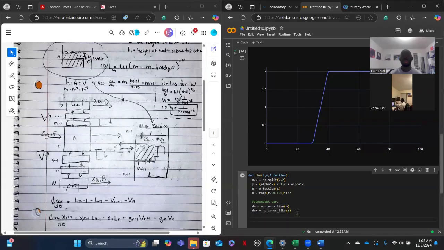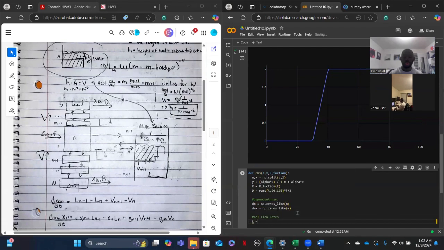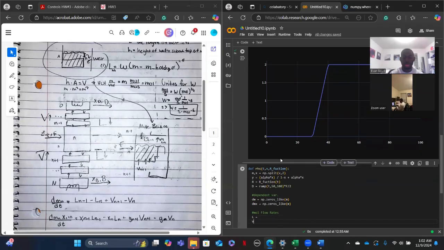Next, we need our liquid and our vapor mole flow rates. For our liquid, we know our liquid is based on our condenser, so our liquid is just equal to our reflux plus our distillate.